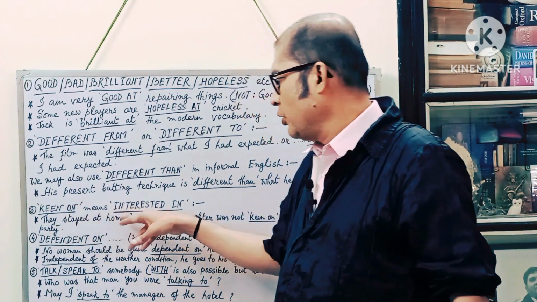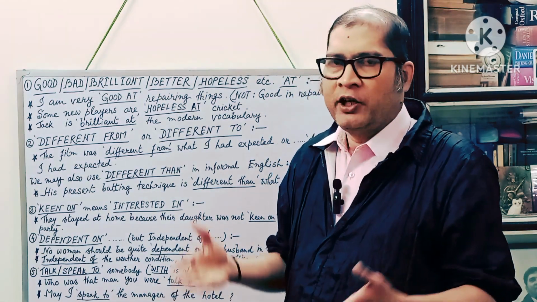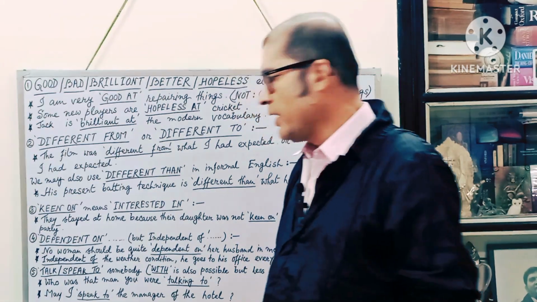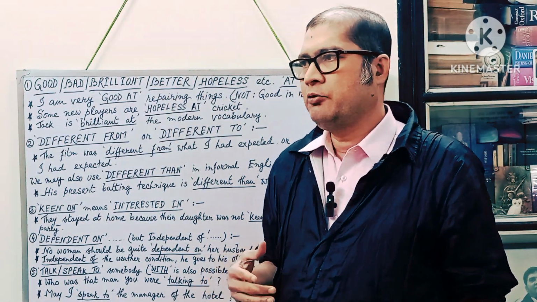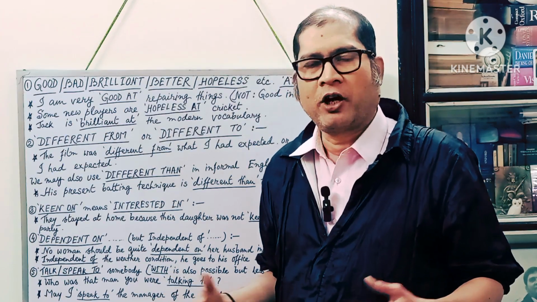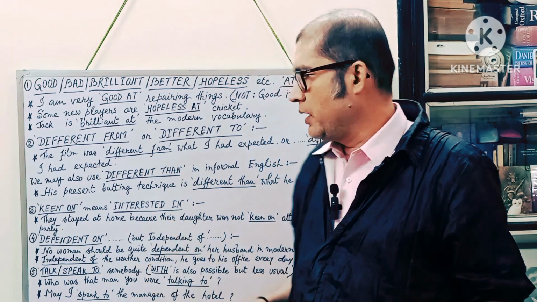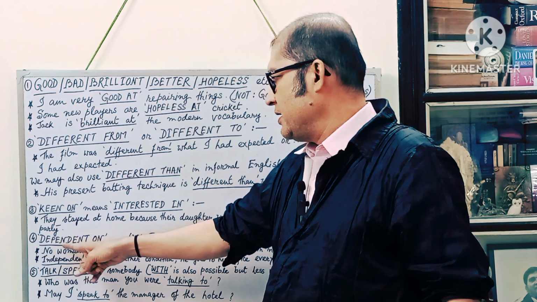So, they stayed home. At is not necessary. But if you want, you may use at, that will also be correct. Like you have gone to somebody's house, you are knocking, and you are asking, anybody home? Anybody home means anybody at home? All right. Let's move on to the next one.